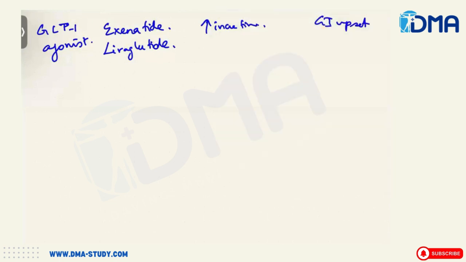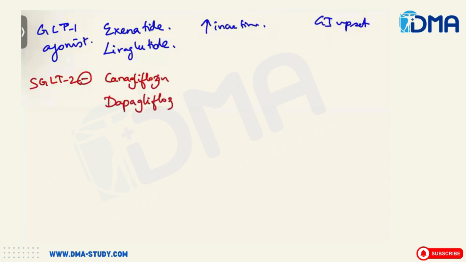One more drug which is very famous now, and you have to be very careful with this drug, is the SGLT2 inhibitors. Examples are canagliflozin, dapagliflozin, then empagliflozin.